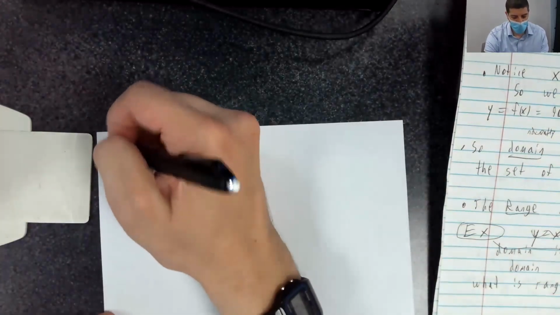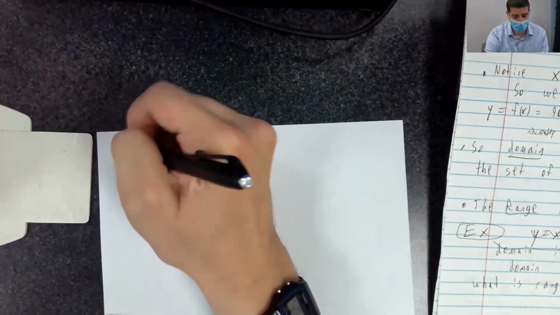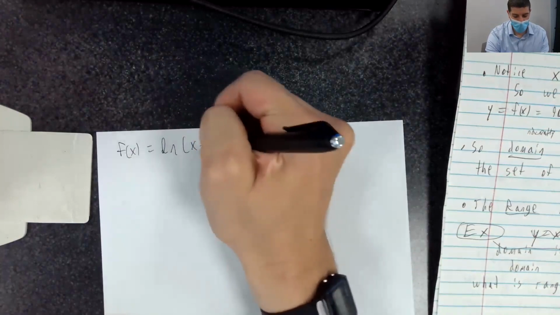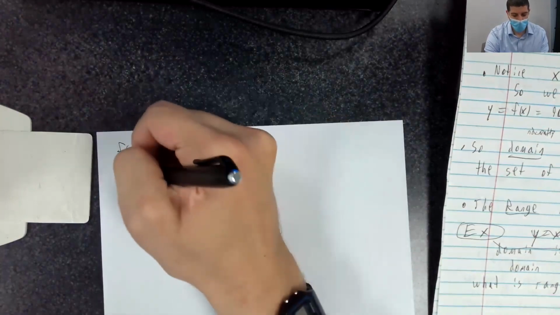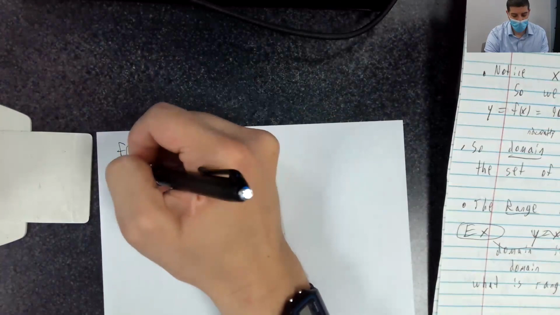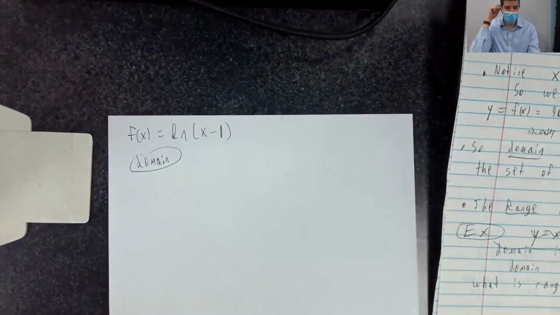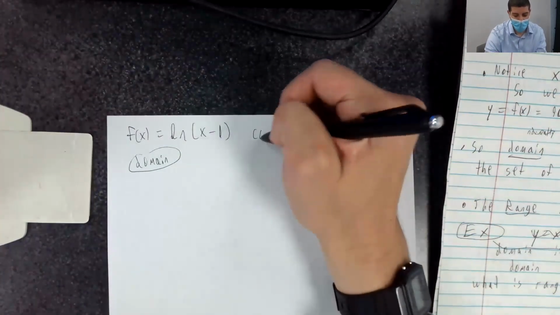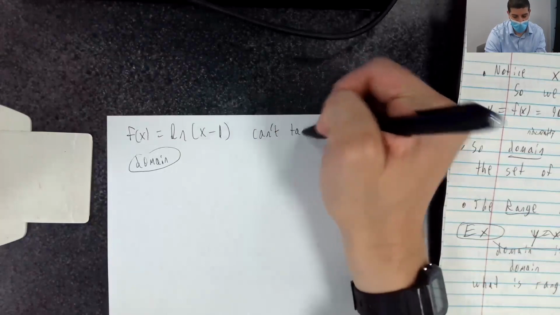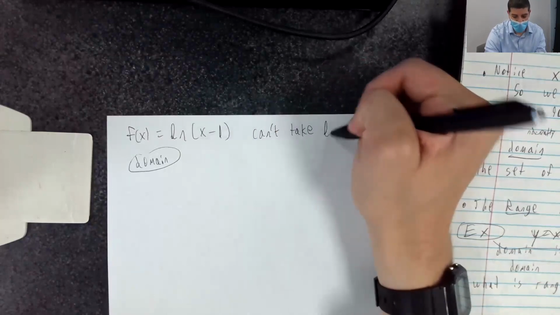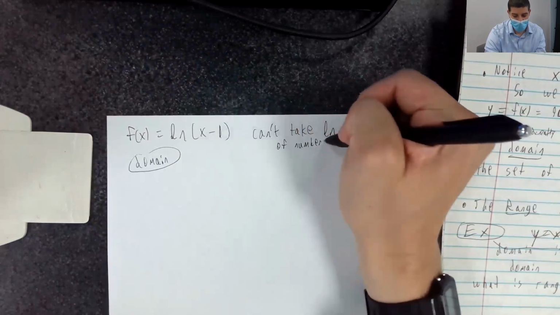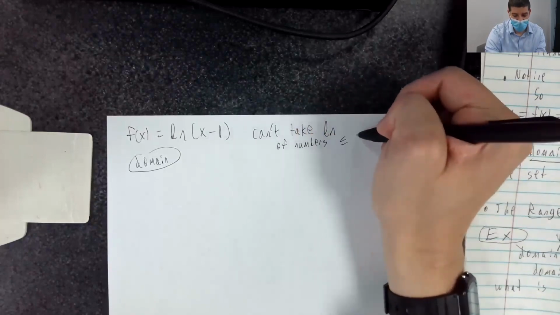Other kinds of trouble you could have: f of x is equal to ln of x minus 1. Something you have to remember from your pre-calc is you can't take ln of numbers less than or equal to 0.